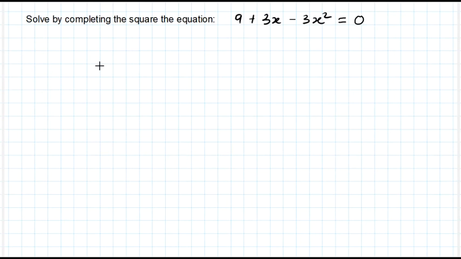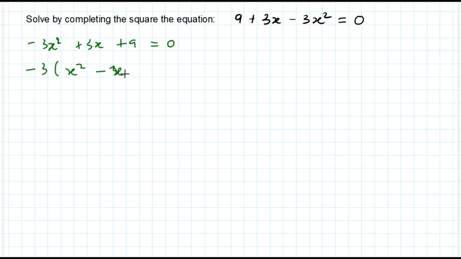Solve by completing the square the equation 9 plus 3x minus 3x squared is equal to 0. First, we rearrange the equation: minus 3x squared plus 3x plus 9 is equal to 0. Since 3 is a common factor, we can factorize our equation.